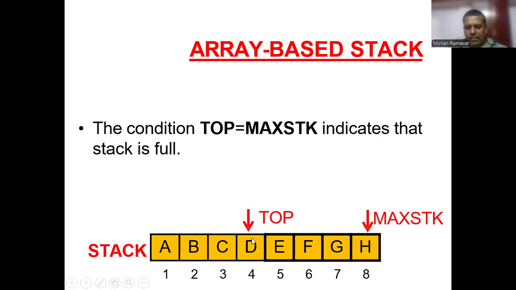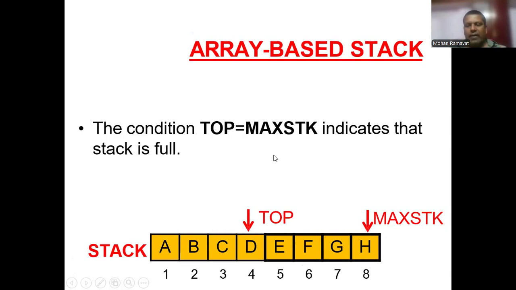The maximum size of the stack is attained or achieved at index 8, right? So now the top will be moved here. Okay, the top will be moved at the position of maximum size of the stack, that is 8, index 8. So the top comes here. So if top equal to maximum size of the stack, then it indicates that the stack is full.